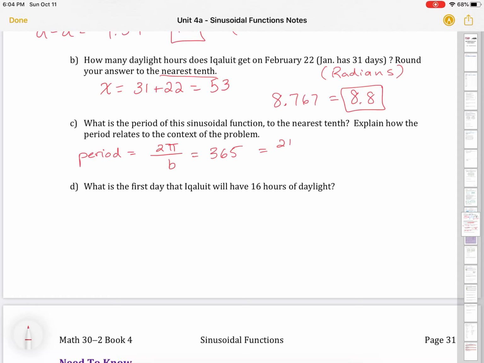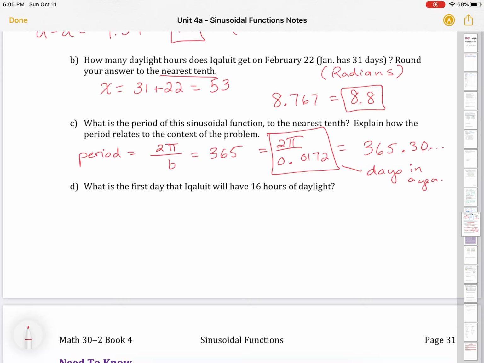B is 2 pi over 0.0172. So if we do that calculation, 2 times pi divided by 0.0172, I got 365.30. So basically, this is telling us how many days in a year.